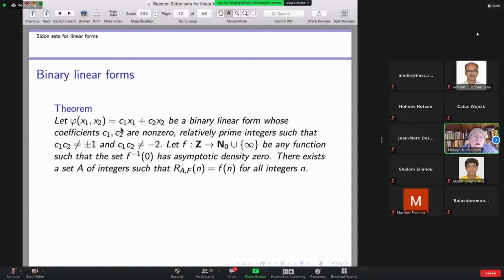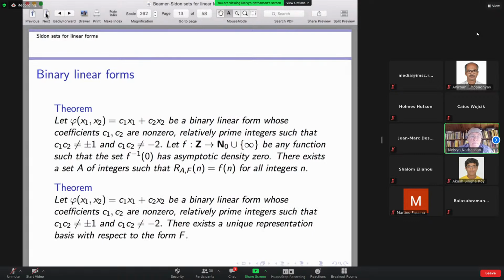So here's a theorem. If you have a binary linear form, C1x1 plus C2x2, where the coefficients are non-zero, relatively prime integers, C1 times C2 is plus or minus 1 or minus 2. If you take any function on the integers to non-negative integers together with infinity, where f inverse of 0 has asymptotic density 0, then there's always a set A of integers whose representation function is exactly this function f.